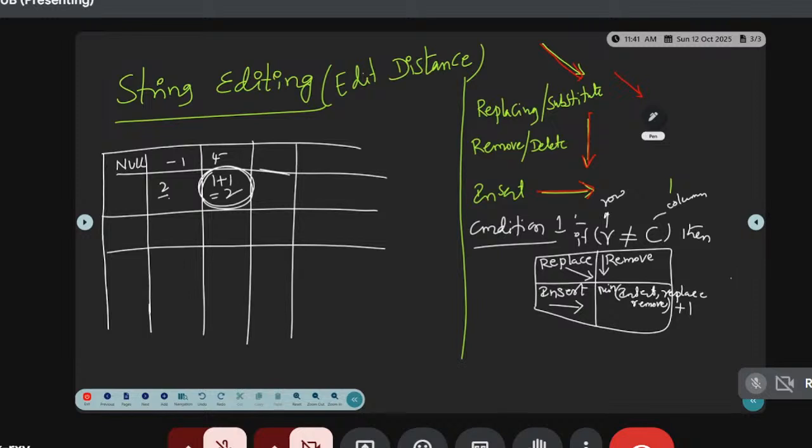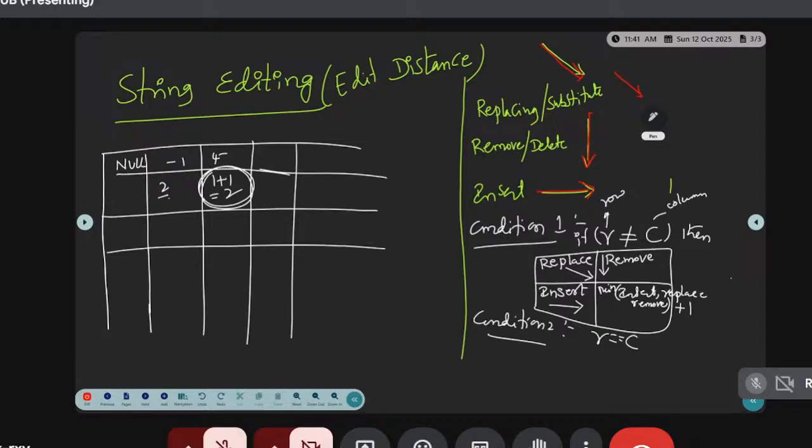R equals to C or not equals to C, I will tell you. Next condition: R is equals to C, that is double equals to, the row value and column value will be the same.